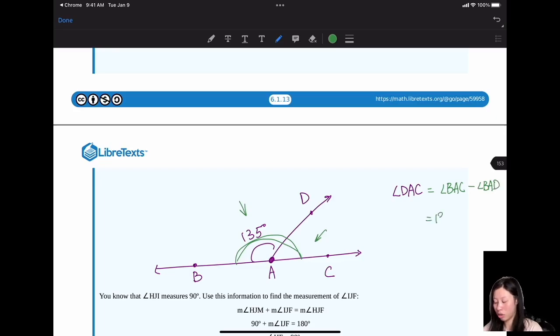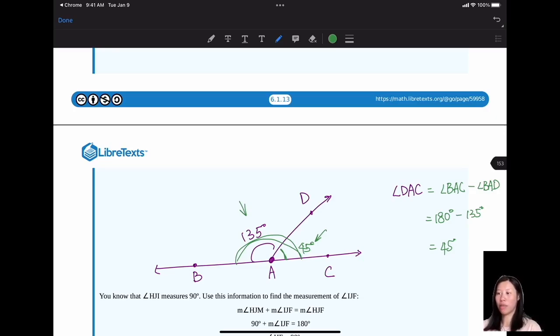So this equals a straight angle, which is 180 degrees, minus 135 degrees. So this equals 65 degrees. No, 55. No, 45. 45 degrees, sorry about that. So this is a 45 degree angle.